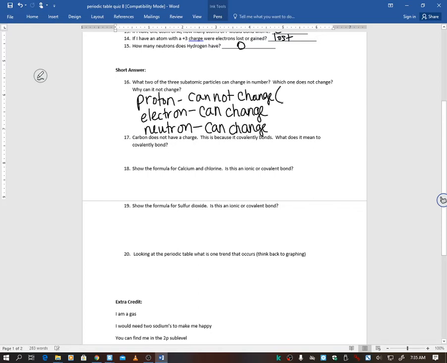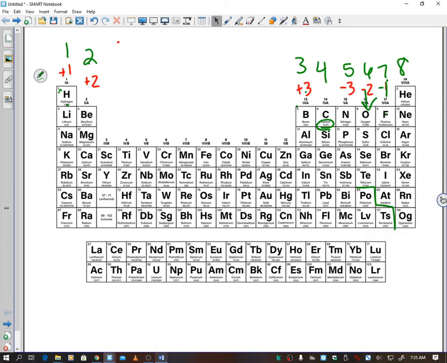The reason for this is because it would change the element. And as much as I think people would love to be able to do that, we can't. People have tried for many, many years and it's not happening. Here's what would happen. Imagine having mercury, going from 80 protons down to 79.